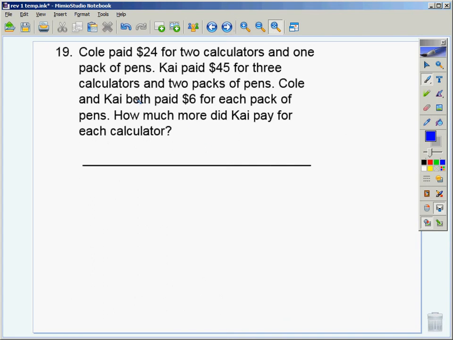Number 19. Cole paid $24 for 2 calculators and 1 pack of pens. And the pack of pens, they said, were $6.